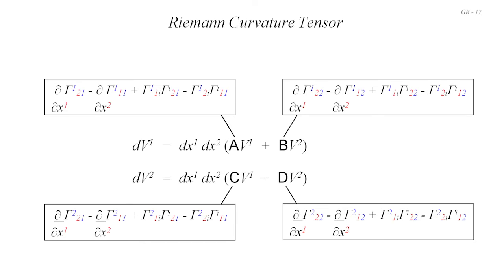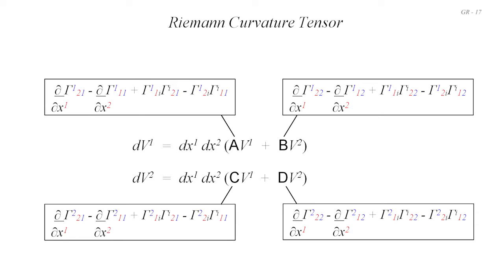Perhaps the best thing to do is to try and take an overview of what we've got here. It's clear that the coefficients A, B, C and D for two dimensions depend not only on the metric tensor values themselves, but also on their differentials as contained in the Christoffel symbols. On top of that, the four coefficients contain differentials of the Christoffel symbols, and so there is a second order rate of change involved as well.